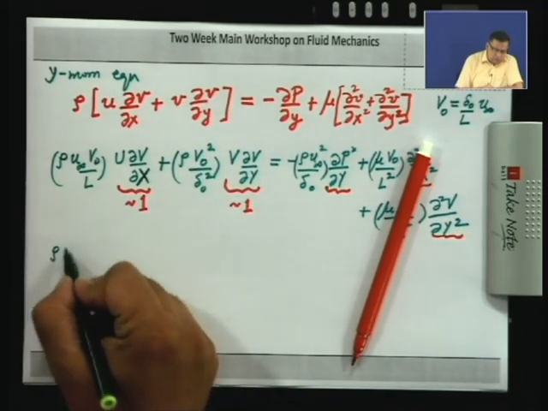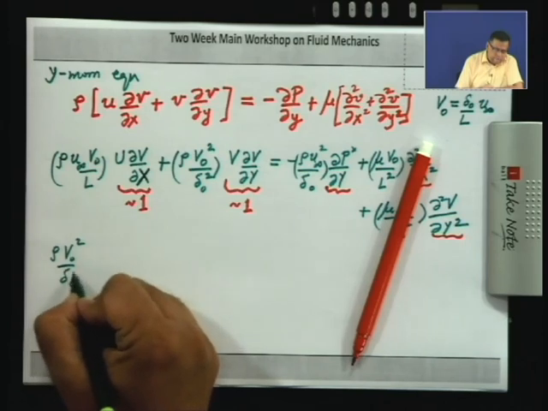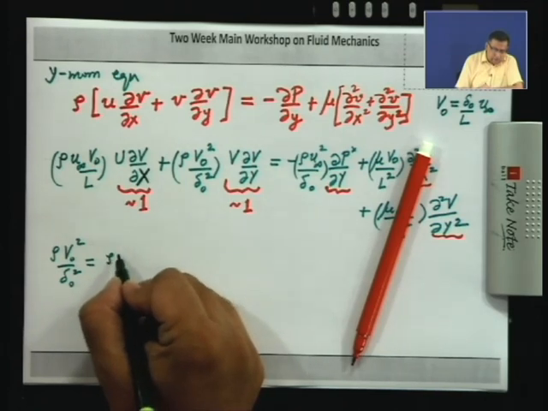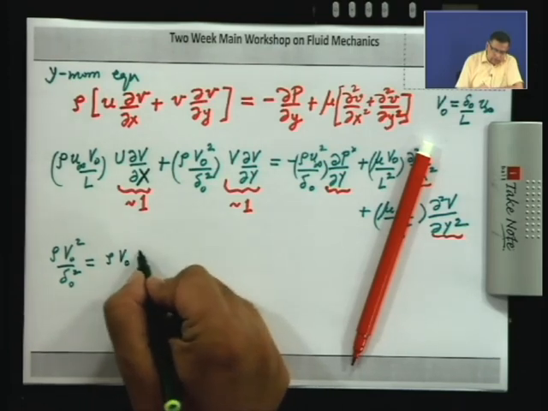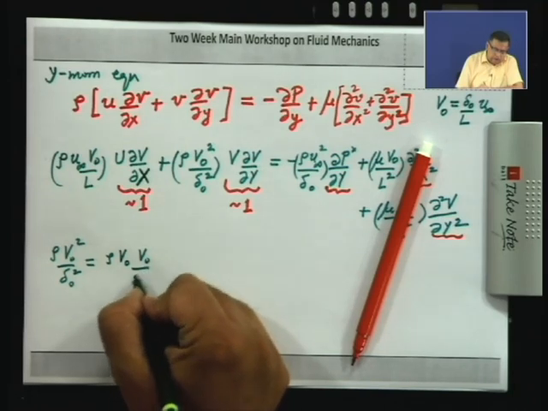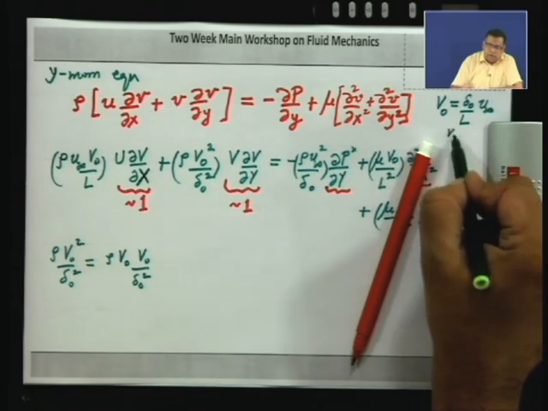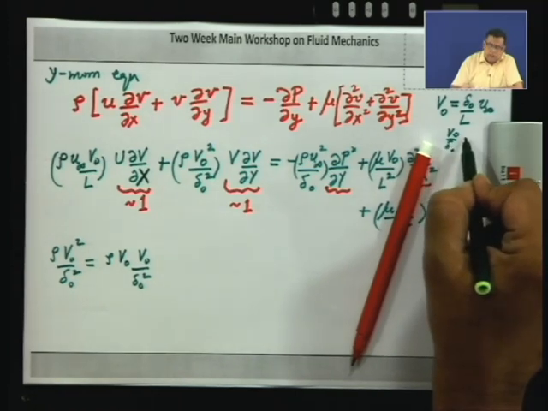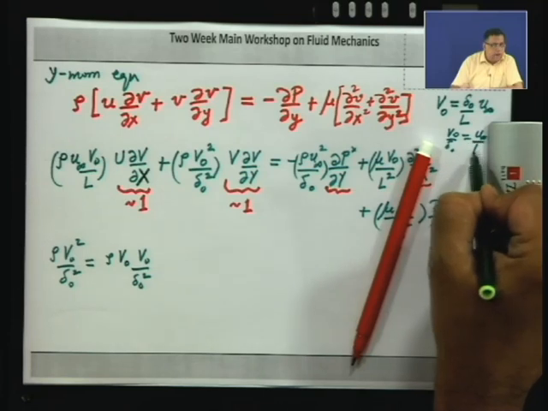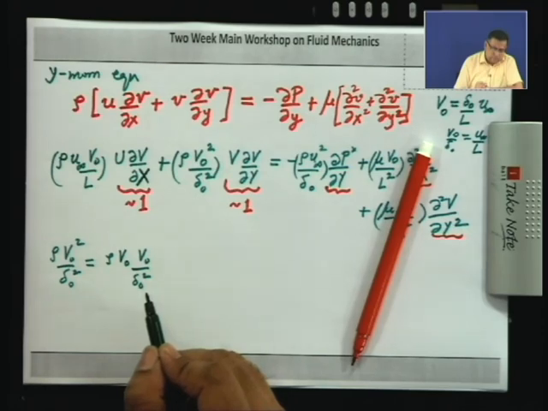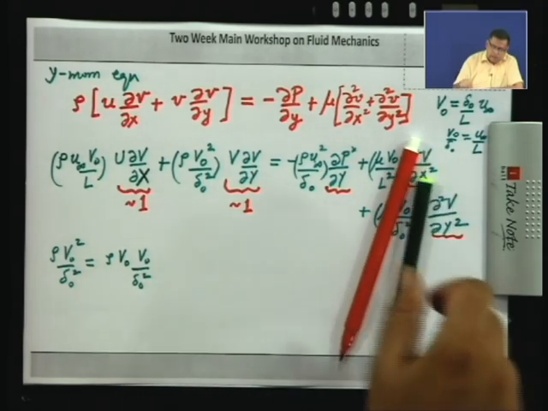So, if you look at rho V naught square by delta naught, that is the order of magnitude of the second term in the equation, I can write it as rho V naught into V naught by delta naught, and V naught by delta naught, you see from here, is u infinity by L. Now, I made a mistake here.